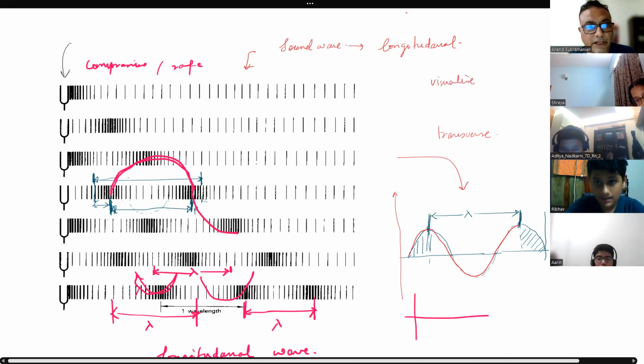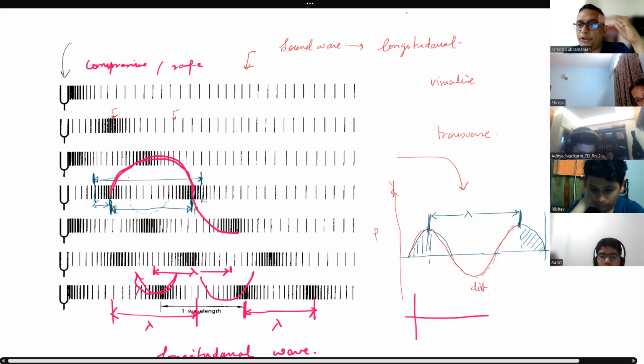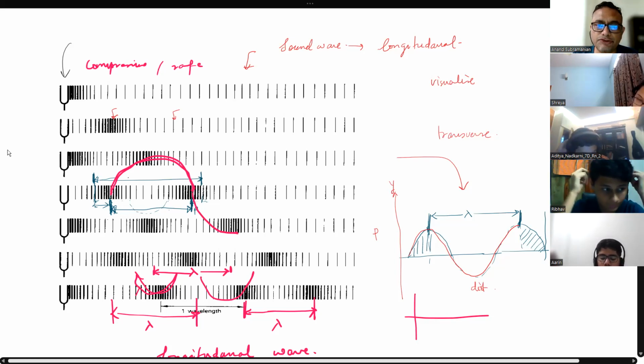Here we are trying to measure the peak pressure and the low pressure, showing pressure on the y-axis and distance on the x-axis. So when we translate pressure onto the y-axis and distance onto the x-axis, our longitudinal wave can be visualized like a transverse wave. Does that make sense? Yes, sir. Because the correct way for me to show the transverse wave would be like this. I will say, Bhaiya, this is the transverse wave.